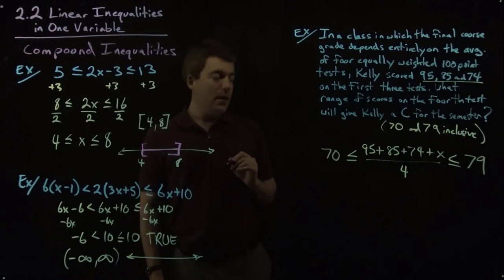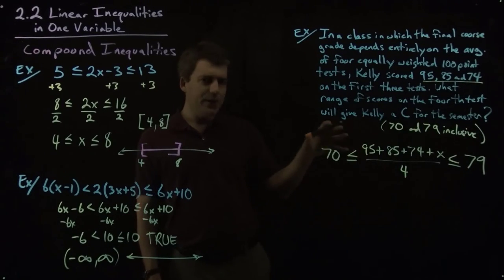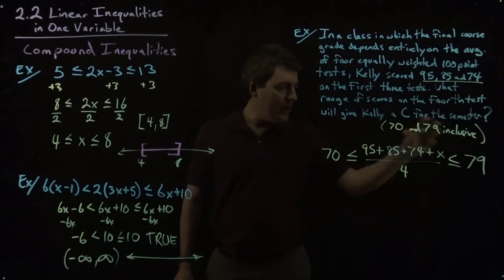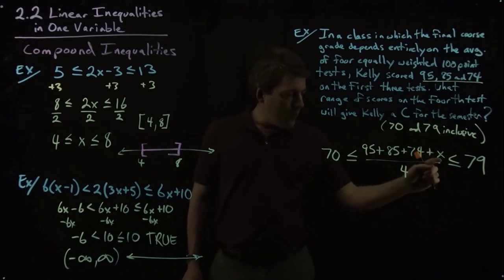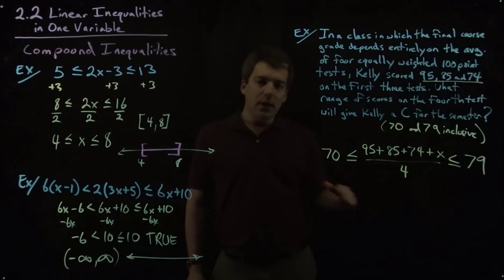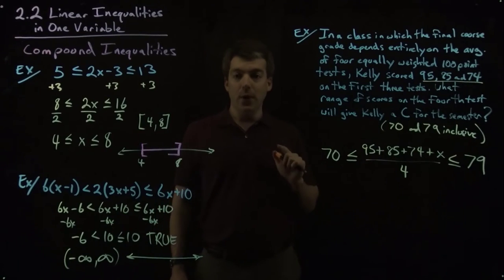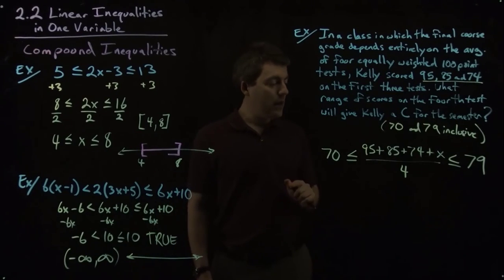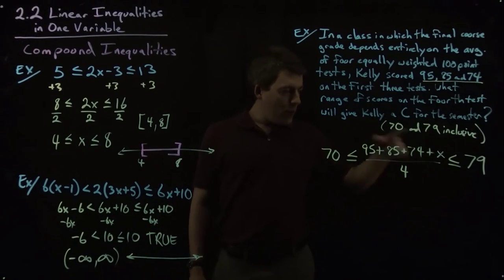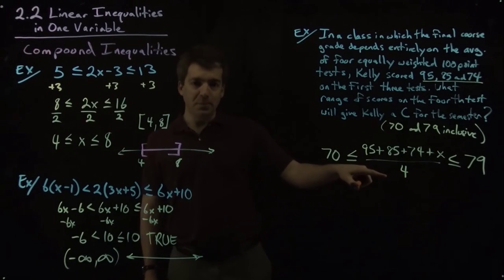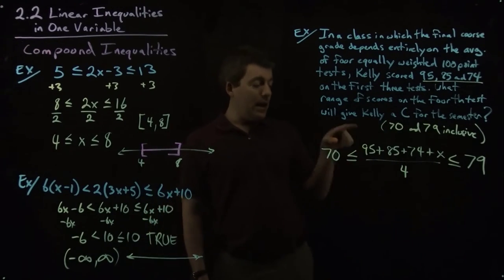All right. Now, is this going to give us what we want? We have the average between 70 and 79. Whatever values of x make this inequality true will be test scores that will give Kelly a C for the course. Okay, so let's find this. What do we have here? Well, the first thing I see is a fraction. Okay? And we don't like those.